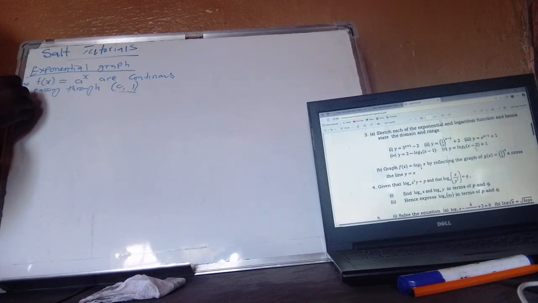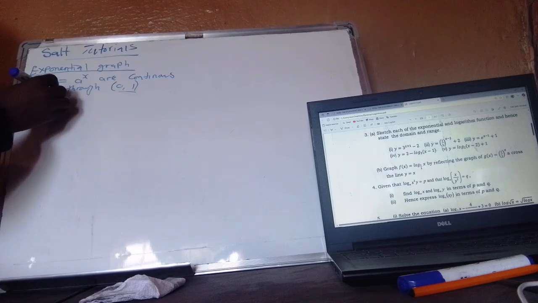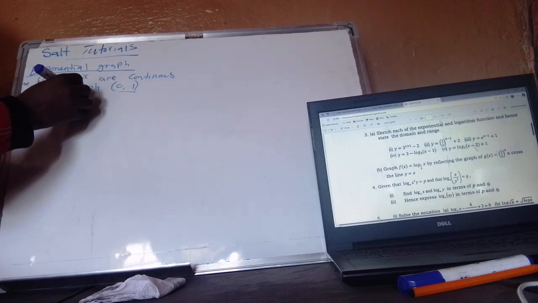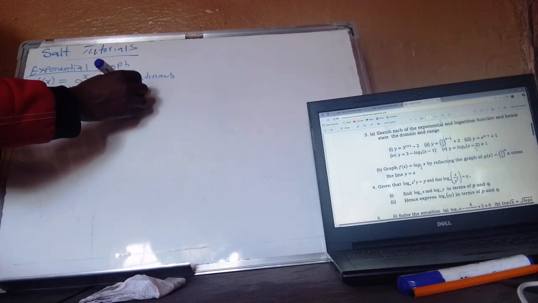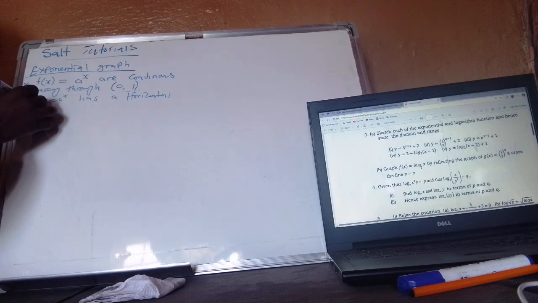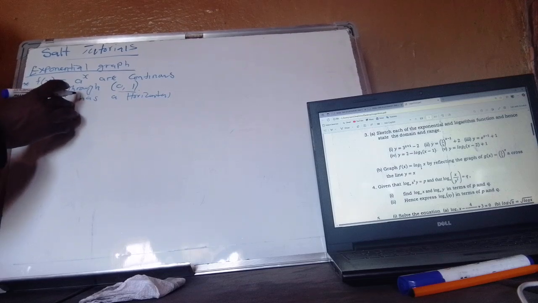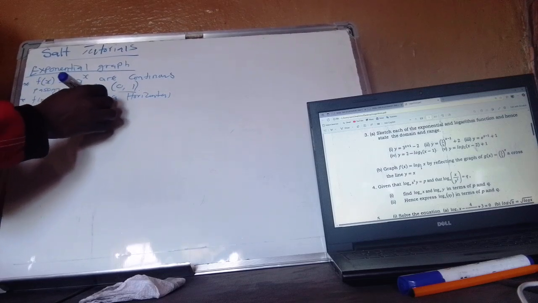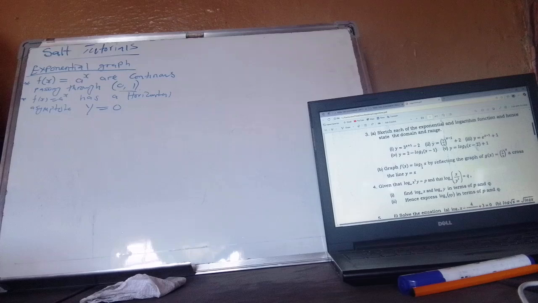Next, we have to understand that this function f of x equals a power x has what is known as a horizontal asymptote, and this horizontal asymptote is a line which is called y equal to 0. It's a horizontal line passing through 0 on the y-axis.